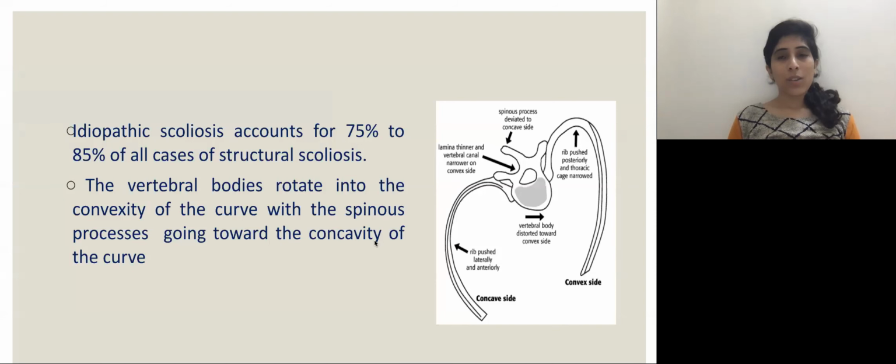In idiopathic scoliosis, 75 to 85% of the cases are of idiopathic cause, or we can say that is structural scoliosis. In structural scoliosis, as we all know, the vertebral body will rotate towards the convex side, whereas the spinous process will rotate towards the concave side.